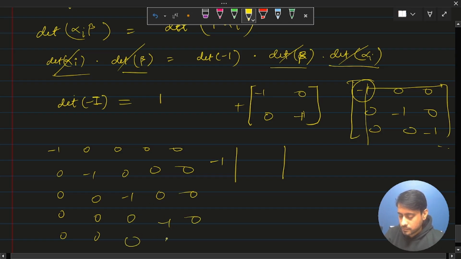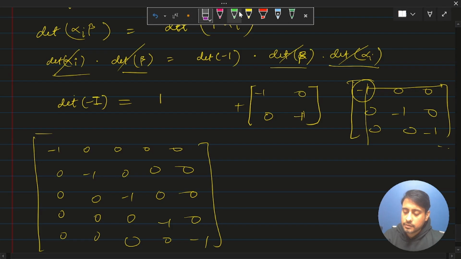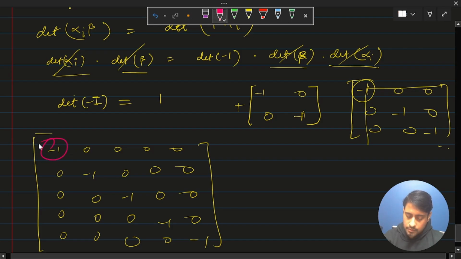Okay, and if you take the determinant of this, first you will take this and give a cross, then -1, and take the determinant of this.